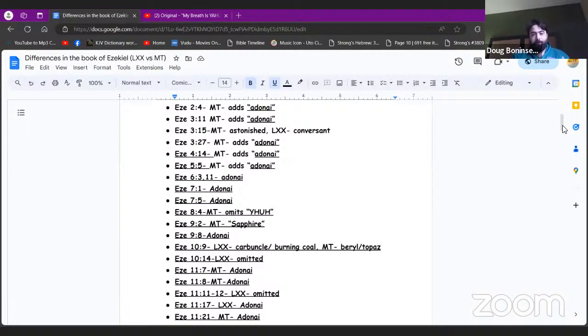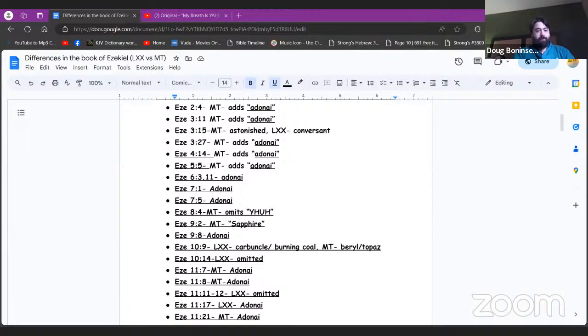It's actually even integrated into their own Masoretic text. So this rabbinical tradition, which is not scriptural, entered into the Masoretic text many times. Either Adonai is put in front of Yahuwah's name as a title added to his name, or sometimes they just remove Yahuwah's name completely. And I'm going to show you guys what I'm talking about here.